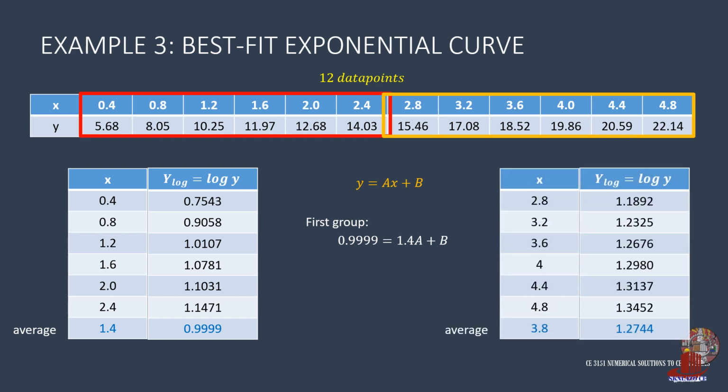From the second half, the average x is 3.8 and the average of logarithmic y is 1.2744. So the second equation comes as 1.2744 as equal to 3.8a plus b.